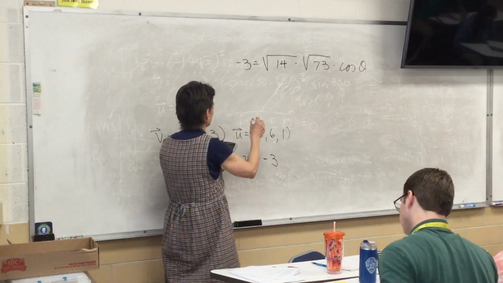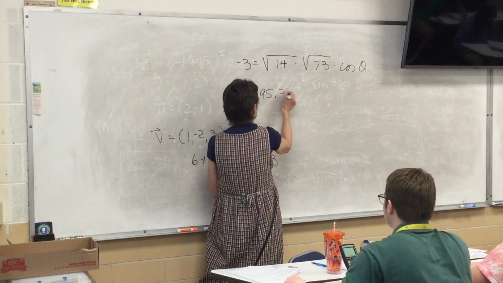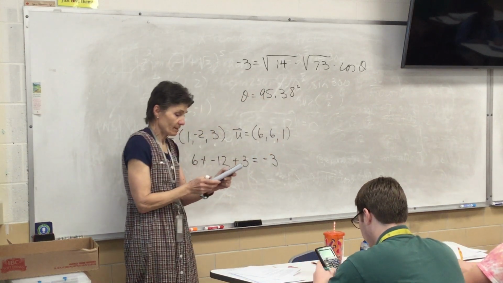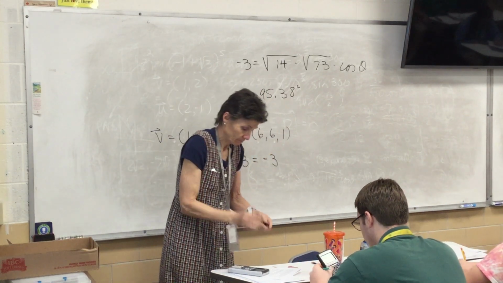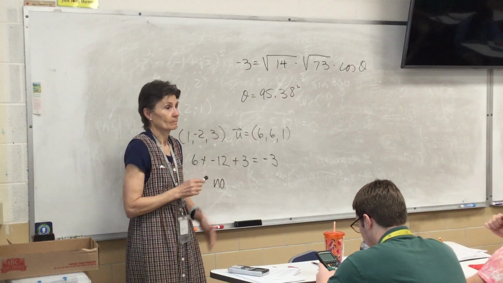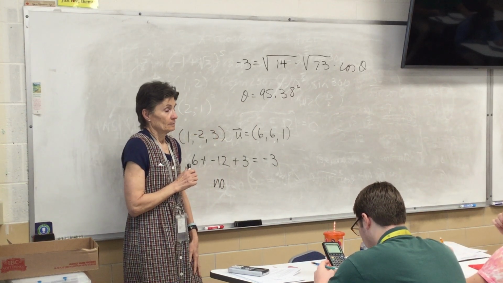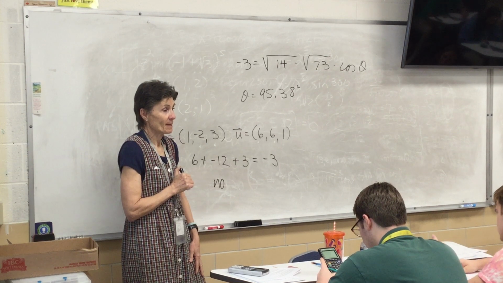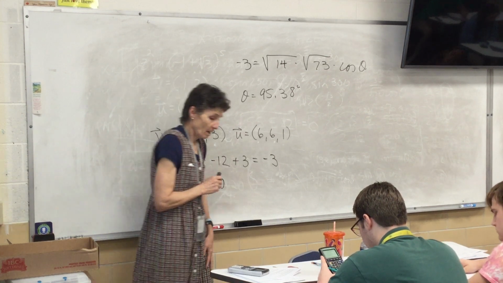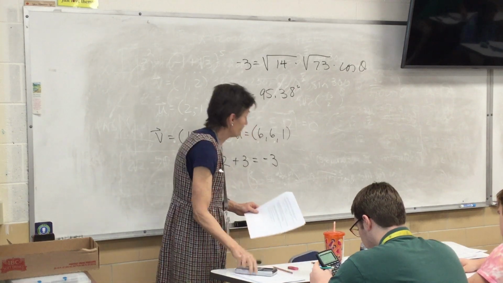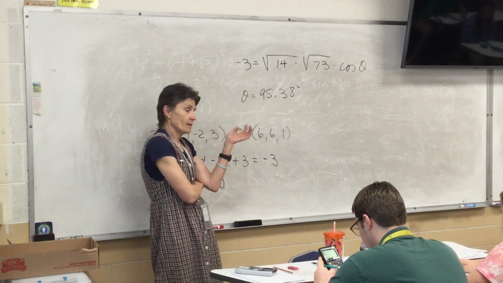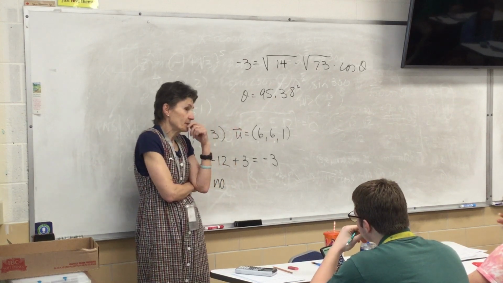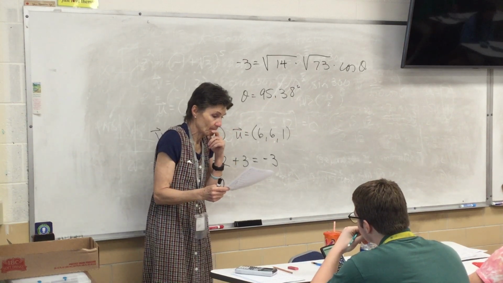You get 95.38 as the angle between. Can somebody match that? Okay, good. All right, good question. But what's the moral of the story? It's exactly the same. There's just more of it to deal with, but everything's exactly the same.